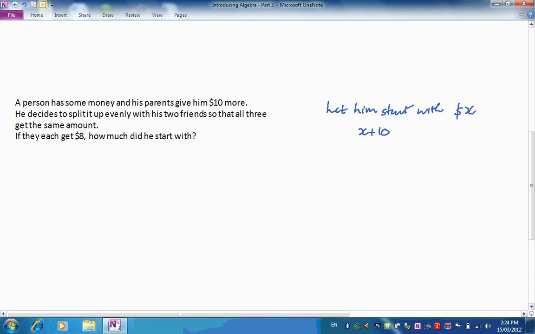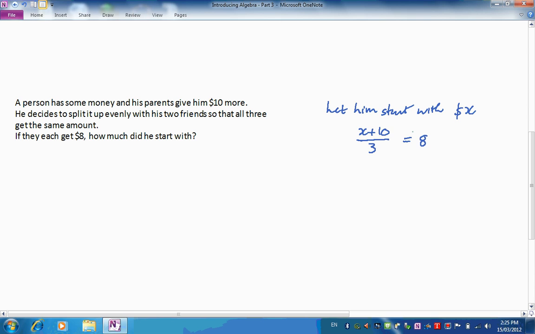And he decides to split it up evenly with his 2 friends, so all 3 of them have got the same amount. So he's going to split it up or divide it into 3 equal parts. And the answer to that, the 3 equal parts, all come to $8. So again we have a mathematical sentence or equation.